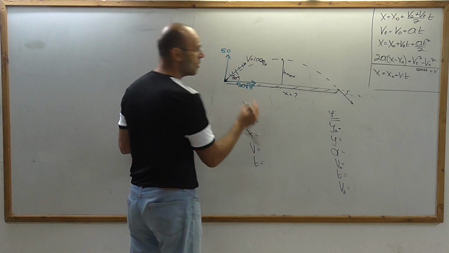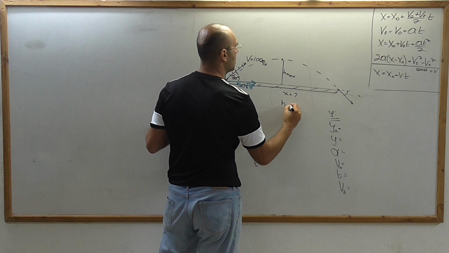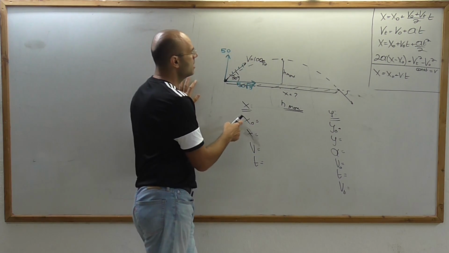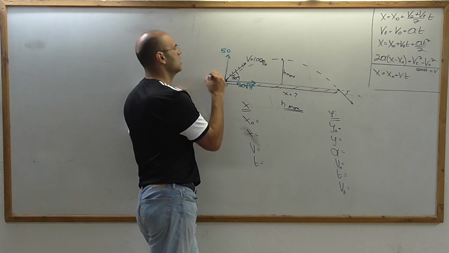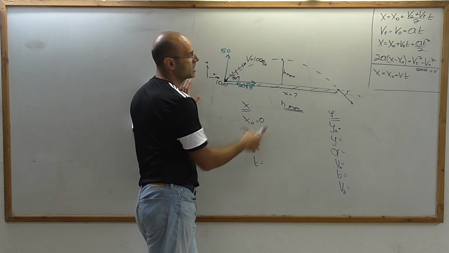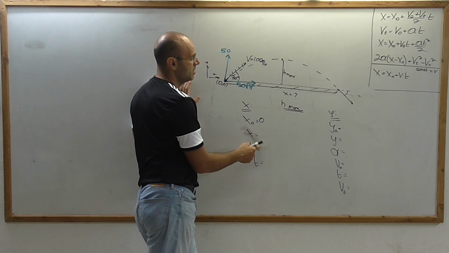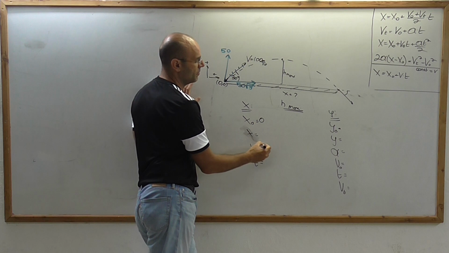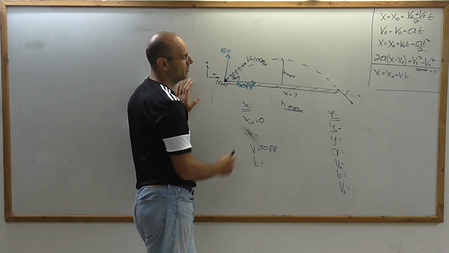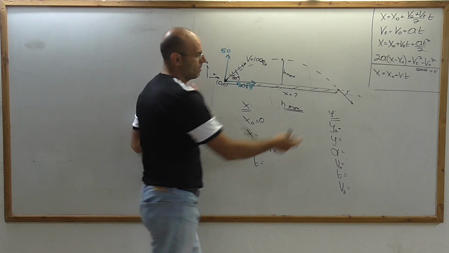Okay, so now I'm going to deal with h max. Again, x. Let's say this is the origin. This is positive here, positive there. Okay, x0 is 0. X final I don't know. V is constant, which is 50 square root of 3. Time I don't know.